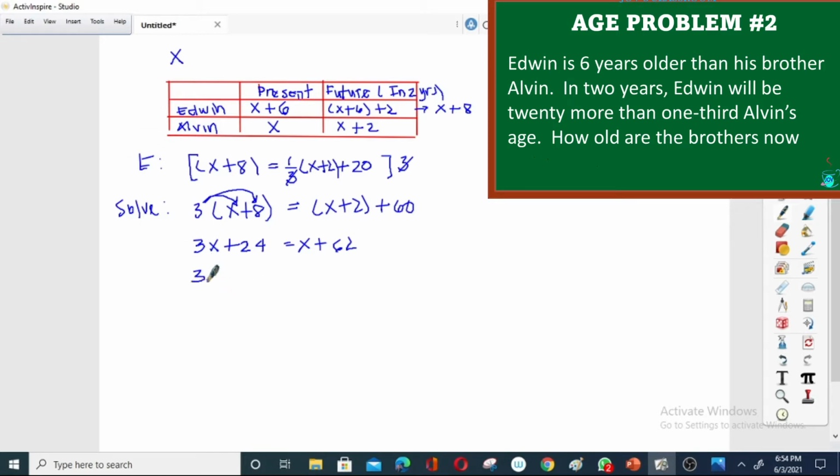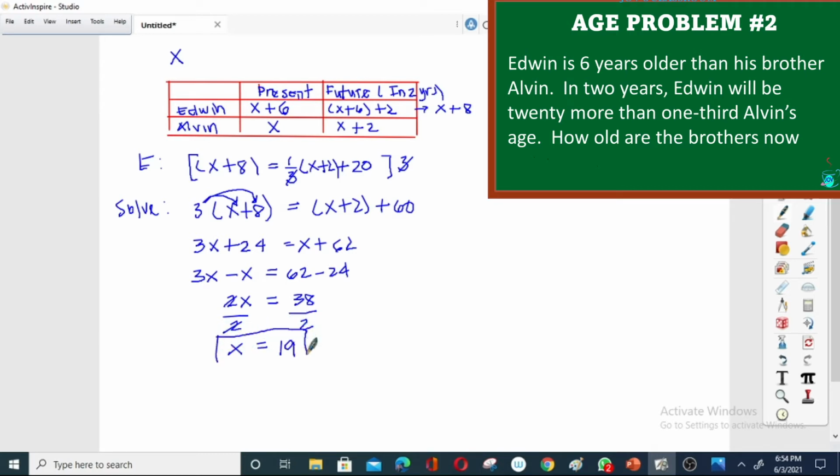So transpose x to the left, minus x, and transpose 24 to the right, it will become negative 62 minus 24. So 3x minus 1x equals 2x is equal to 62 minus 24 is 38. Divide both sides by 2. 2 will cancel out and x is equal to 38 divided by 2 is 19.